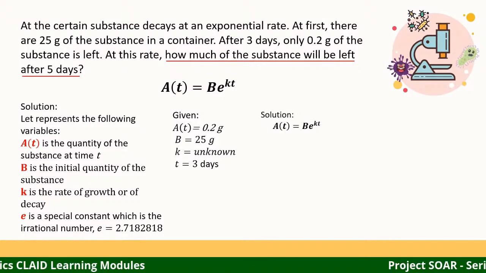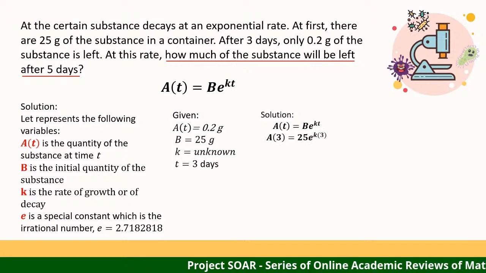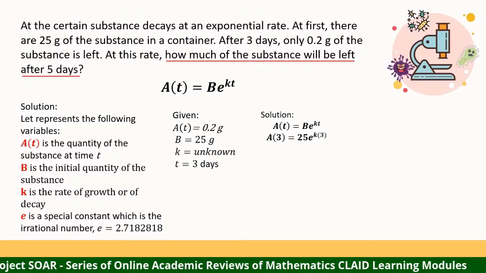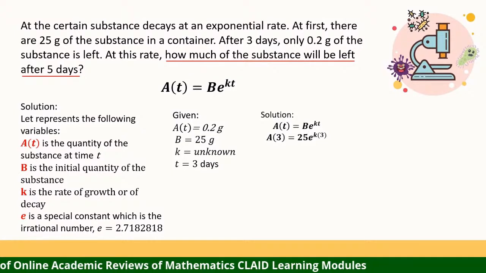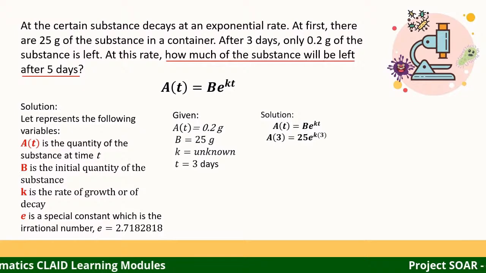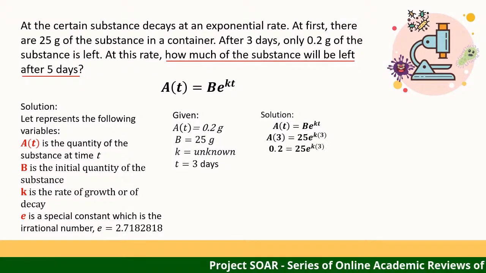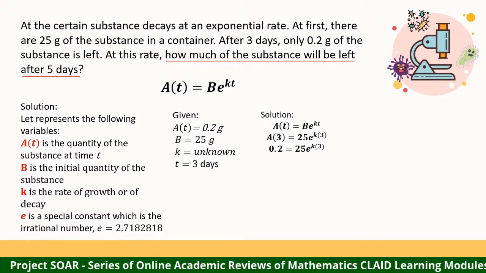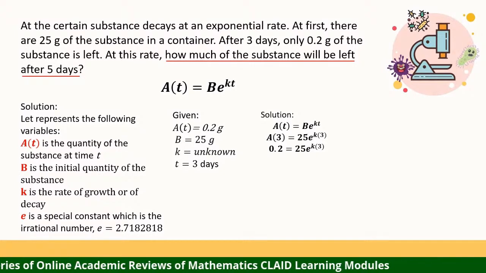So for the solution, we have to substitute all the given in the formula. So we have A of 3 is equal to 25 E raised to K times 3. So, ano ba yung amount or yung quantity ni substance sa 3 days? We have 0.2 is equal to 25 E raised to K times 3.